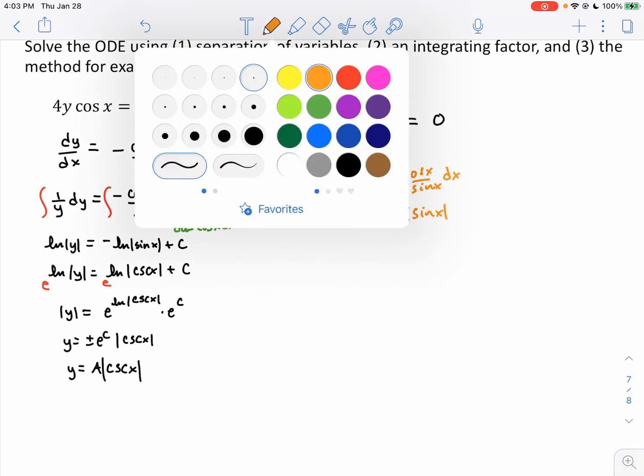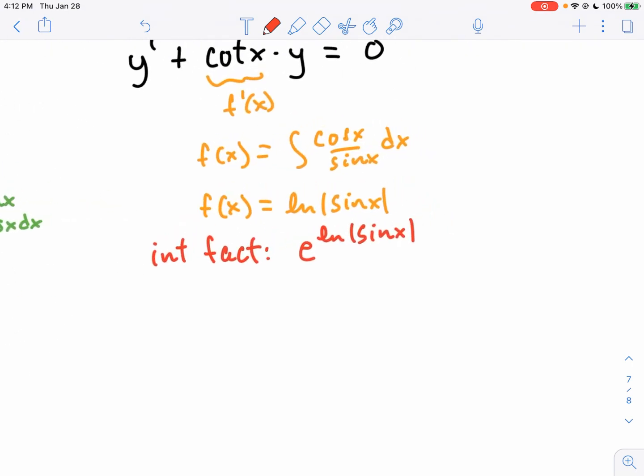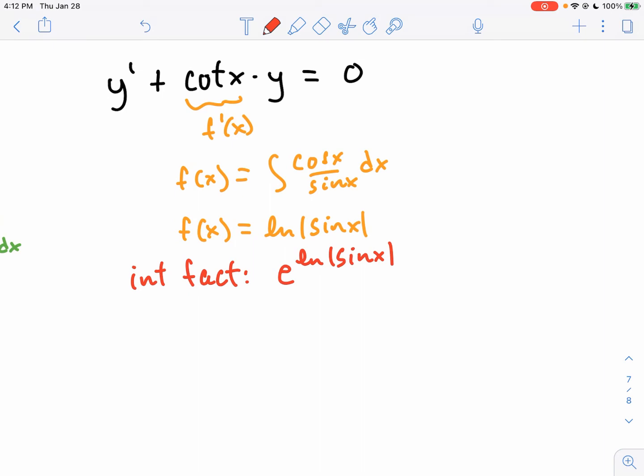And the actual integrating factor is e raised to this f of x. It simplifies down to the absolute value of sine of x. Now the absolute value of sine of x is either positive sine of x or negative sine of x, depending on whether sine of x is positive or negative.